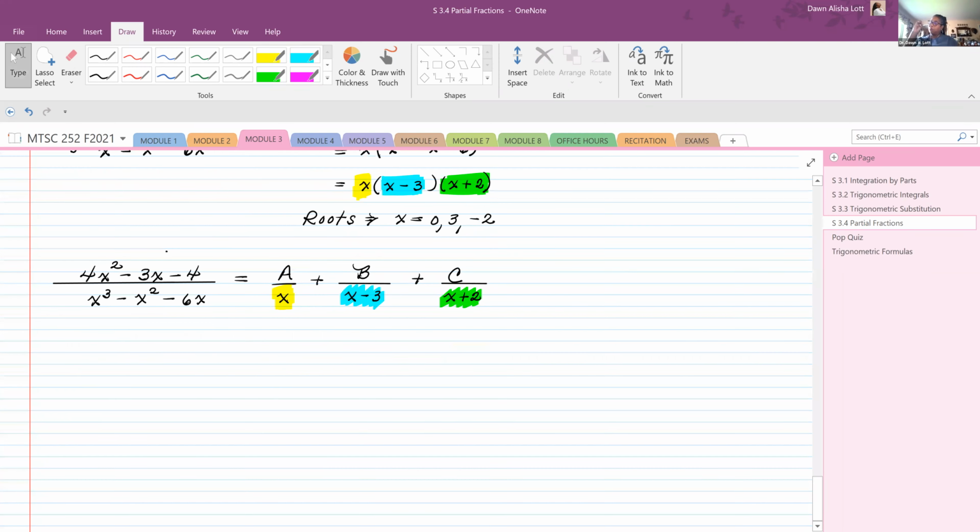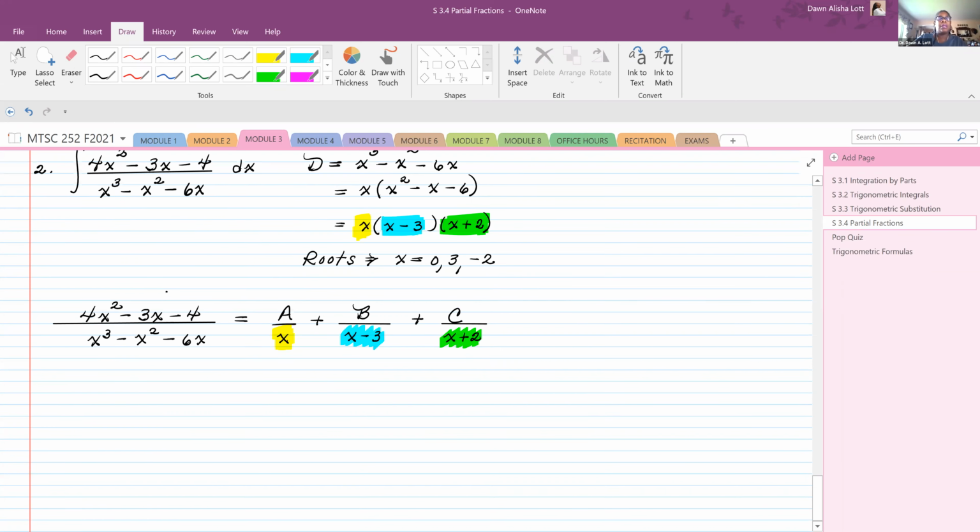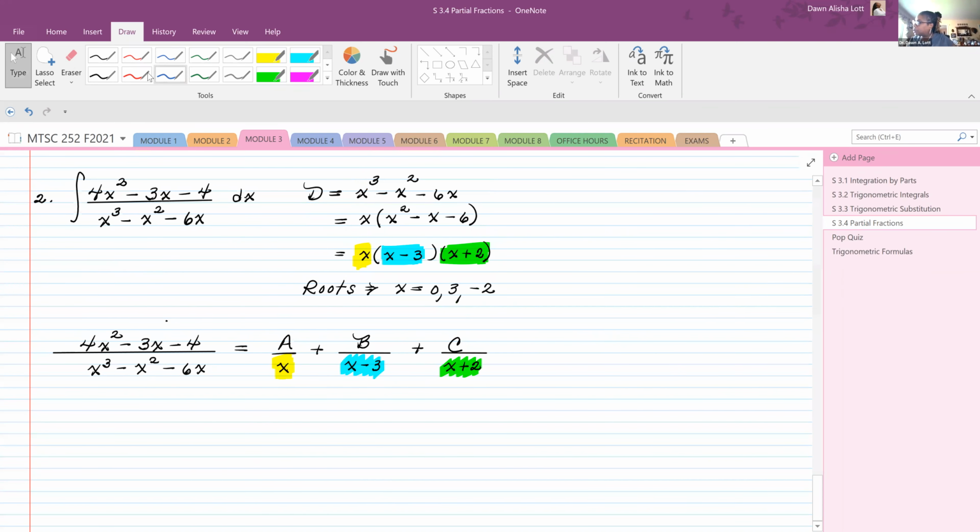Okay, now we're going to multiply by the common denominator. Now we already know the common denominator. This is the common denominator. So this problem, the common denominator is easy.